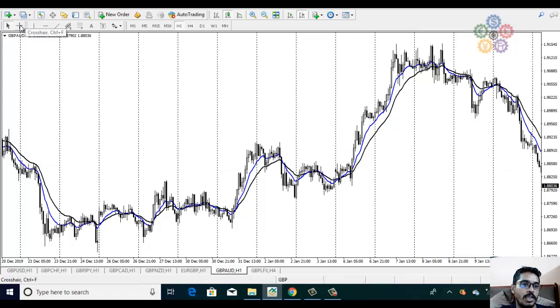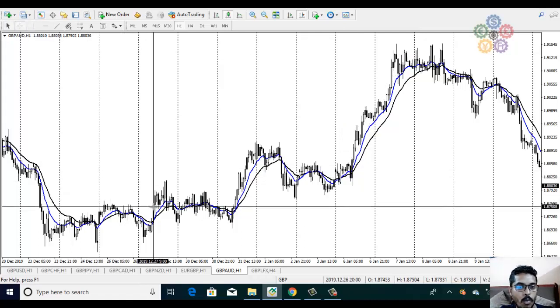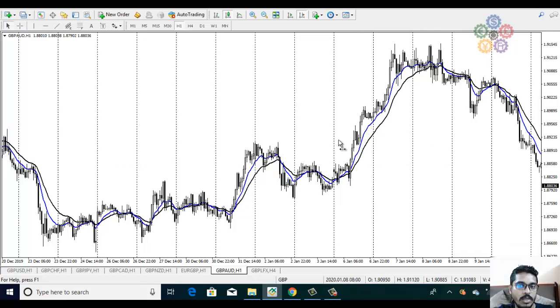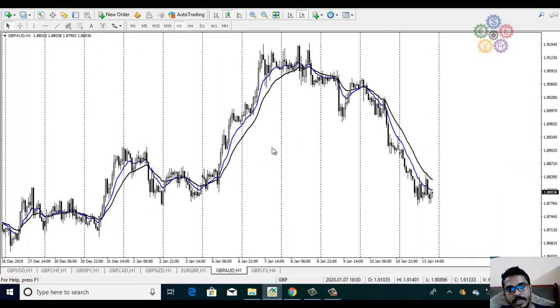What is your job? Your job is to simply make sure that you avoid these signals and trade those signals when the strength and weakness is in your favor, right? So it's very important that you follow this. The indicator's job is only to tell you buy or sell. That's about it.